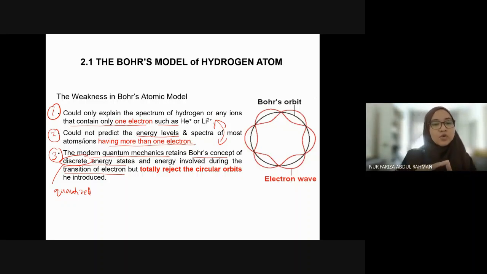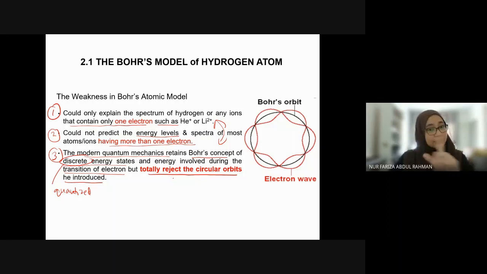So kita still guna pakai. It is still applicable up to this day. Okay, but totally reject the circular orbits he introduced. Okay, totally reject. So this postulate ataupun this proposed theory by Bohr was totally rejected.